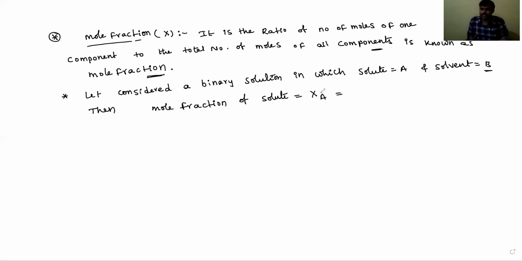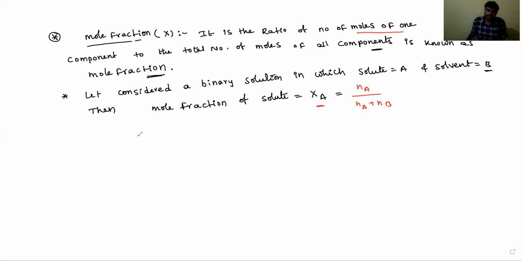Mole fraction of solute means solute is one component, and we need to find its mole fraction. In the definition, it's the ratio of the number of moles of one component, that is NA, the number of moles of A, divided by the total number of moles of all components. The solution has two components, A and B, so the total number of moles means the number of moles of A plus the number of moles of B. This is known as the mole fraction of A.